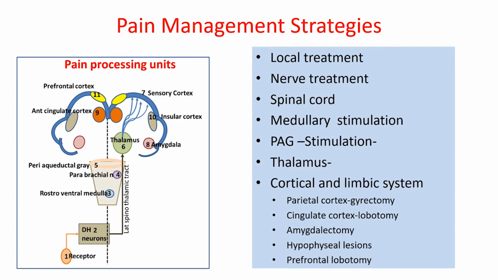In the cortical and limbic areas, especially the somatosensory area, parietal cortex, the cingulate area, or the temporal lobe, that is amygdala, then pituitary and prefrontal cortex. These are the various strategies available to us.